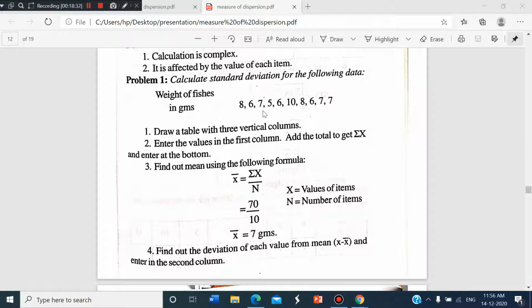Once you get the mean, then you can find out the deviation of each value from the mean. How? X minus x bar. X bar is the mean. How much each value deviates from the mean.